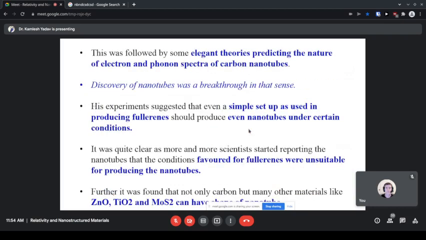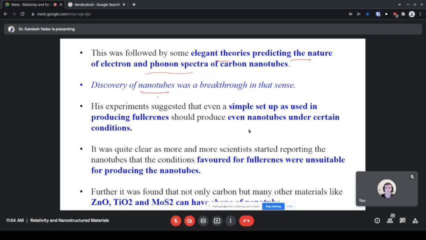But it was discovered by Iijima, and there were many theories at that time predicting how the electron will behave and what the phonon spectra will be if you obtain the carbon nanotube. The discovery of the nanotube was a breakthrough.